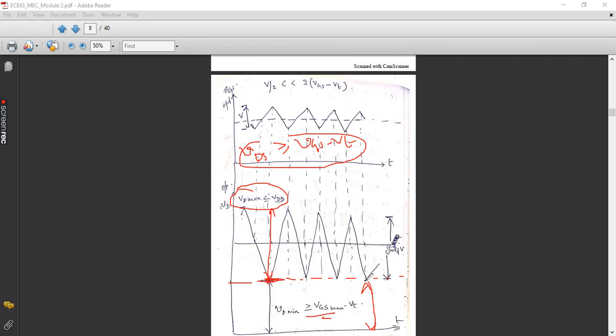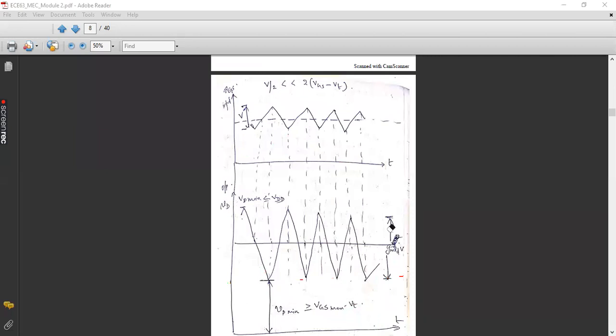That is, VGS minus VT will be the lower level and VDD will be the upper level, because the maximum supply voltage is VDD that we are using here. So this is the expected triangular output corresponding to this triangular input whose voltage is V volt peak to peak, and the output voltage is gain into input, that is GM RD into V.